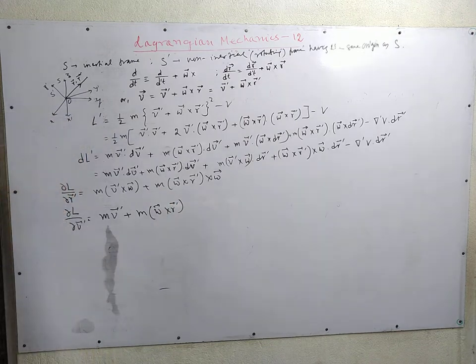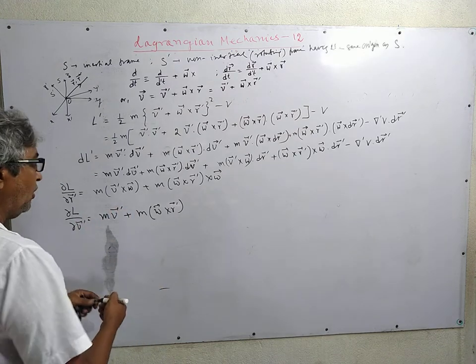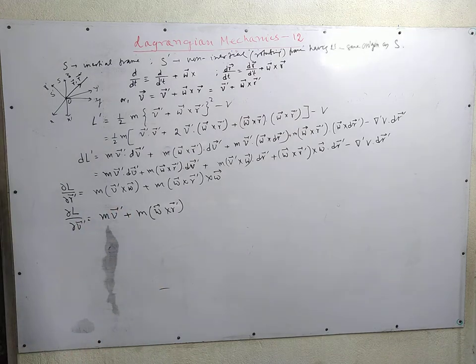This is the same equation as we obtained earlier. So we can now fit these two equations into the Euler-Lagrange equation, and we get the same equation as we obtained just a few minutes back when we performed the calculation explicitly in component form.